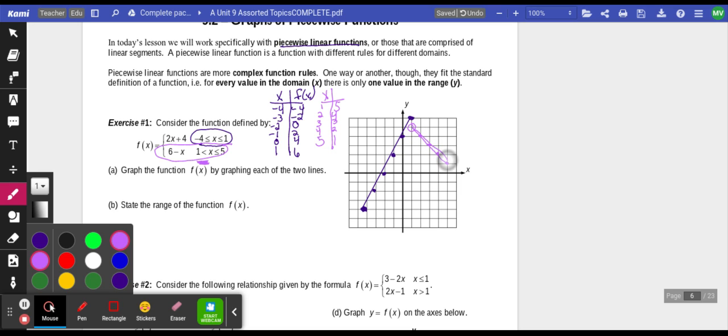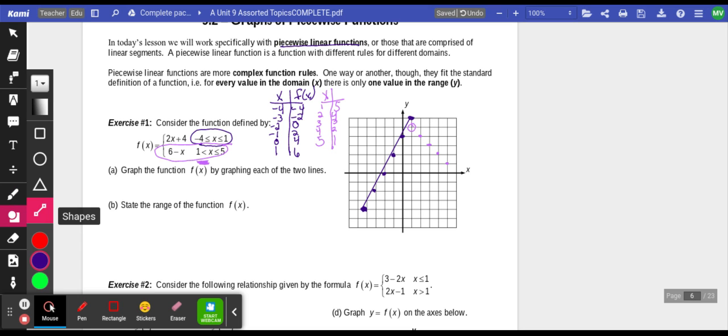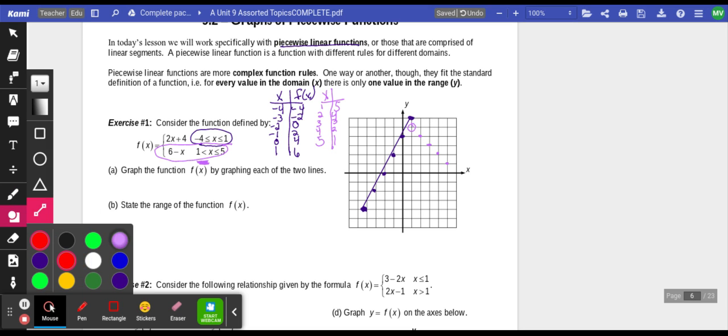The empty circle there at 1, 5 is really important because that's how I make sure that it's still a function. In order for it to be a function, I can only have one value when x is 1. Because that's an empty circle, when x is 1, the answer is always 6.